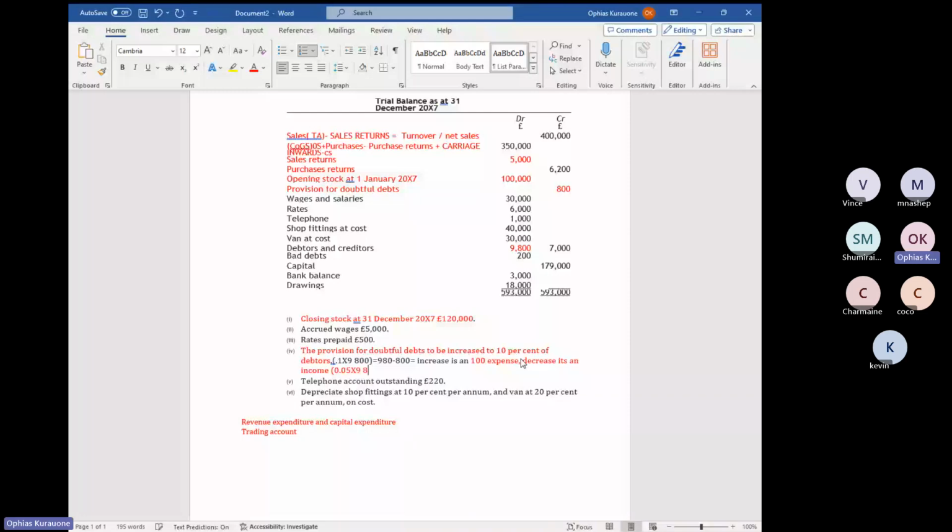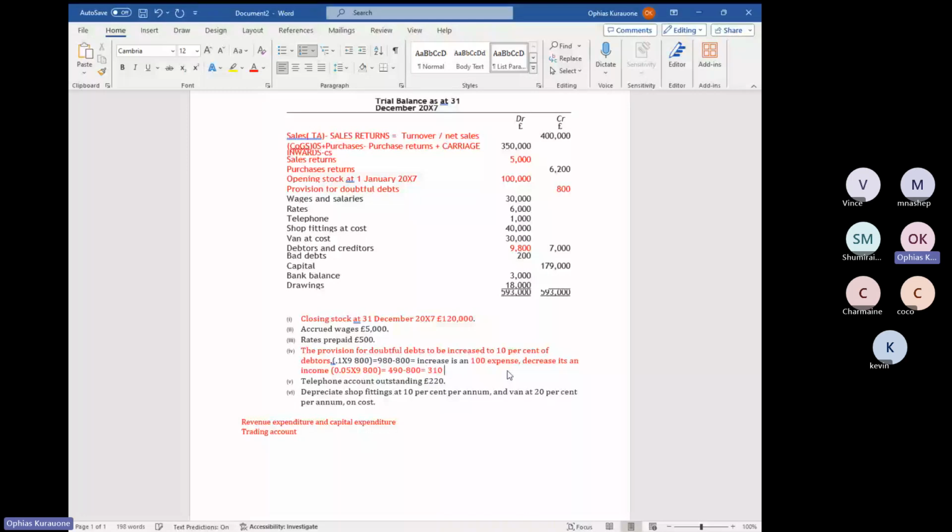Then here we are going to get 490. So for 490, when we are comparing 490 and 800, which means 800 minus 490, or 490 minus 800. Therefore, on this situation, we have got a 310 decrease.